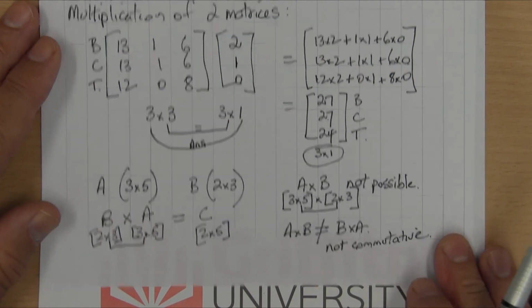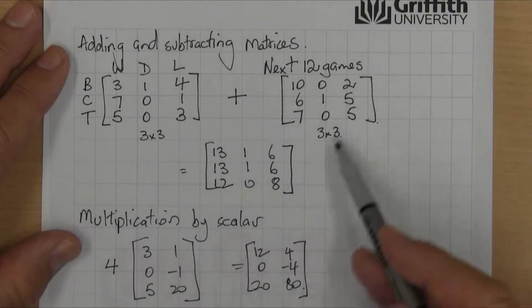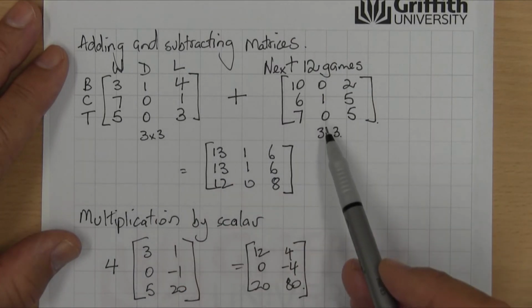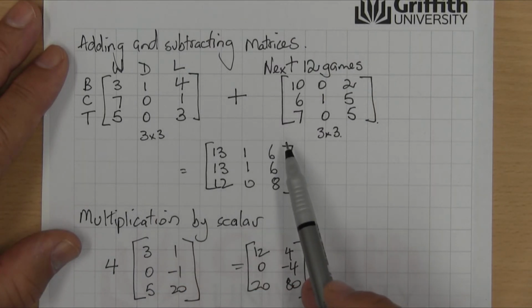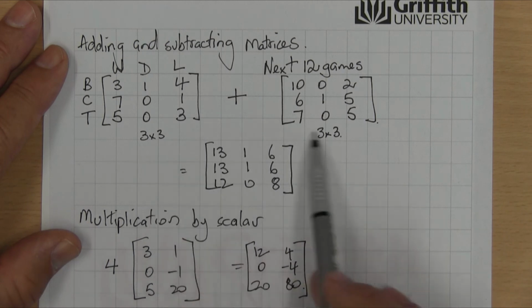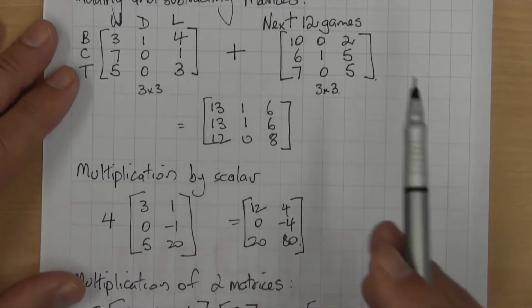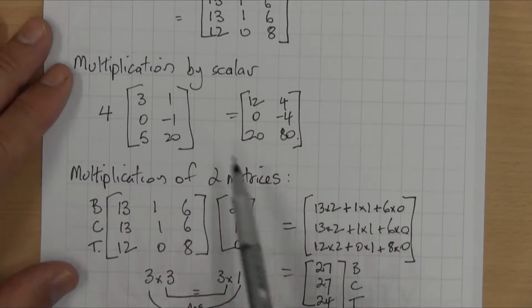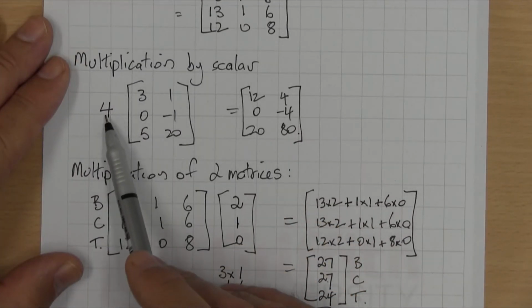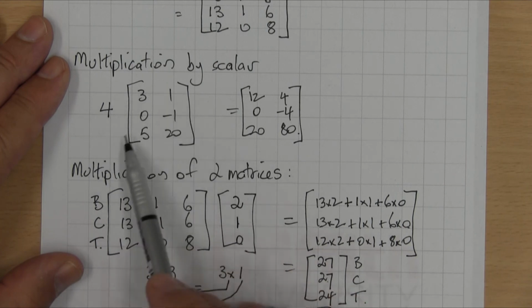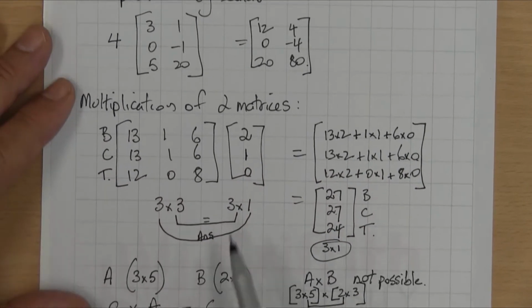So what we've covered in this little lecture is adding and subtracting, and they must be the same dimensions for you to add and subtract. So here we've got two 3 by 3s, so yes, you can add and subtract, you subtract the individual entries. Multiplication by a scalar, scalar being a number, you just multiply each of the entries by that scalar.